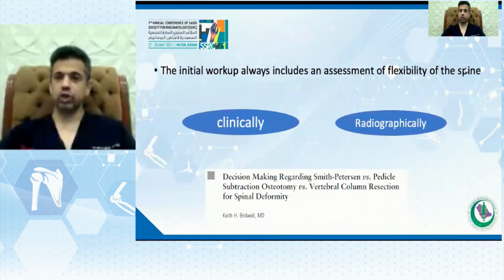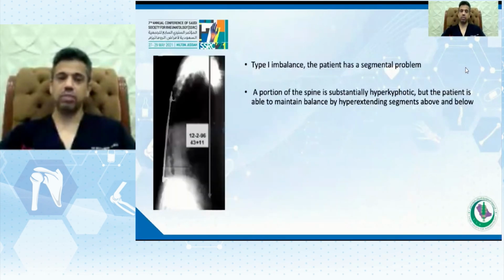The type of osteotomy, we think about it based on a clinical and radiological evaluation. The type of osteotomy can be chosen based on the type of imbalance. Type 1 imbalance is where they have a hypokyphosis as a sort of spine compensation, as you can see in this view.